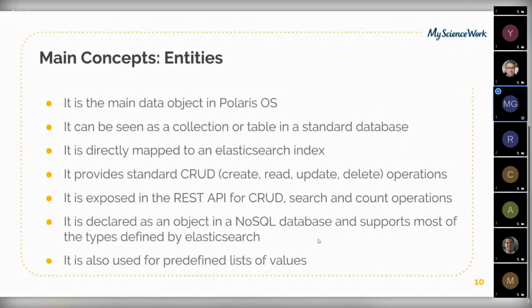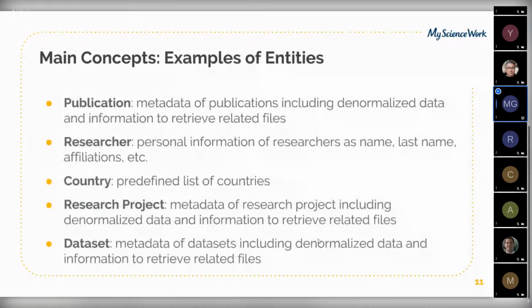publication in this example. Now, some examples of entities, as I was saying before, are publications, where you're going to have all the metadata of the publication, including also what we call the normalized data. I'm going to keep that concept of normalization for a little bit later, when we go into pipelines, for you to see what that means and how we actually take advantage of that in Polaris OS.